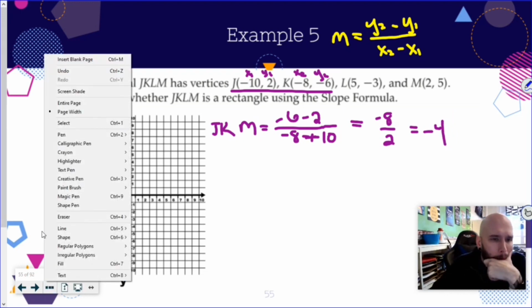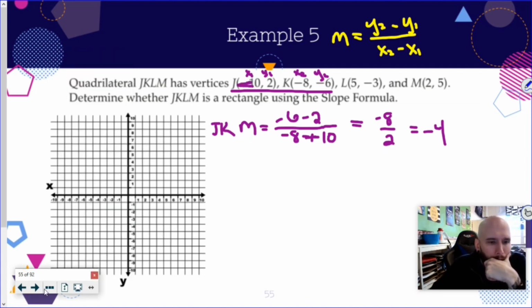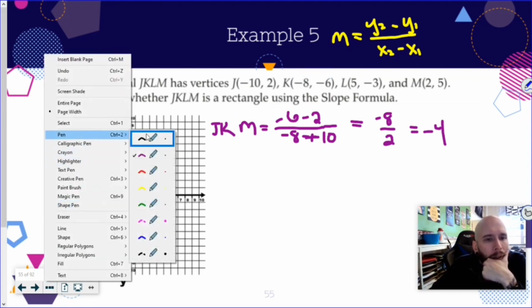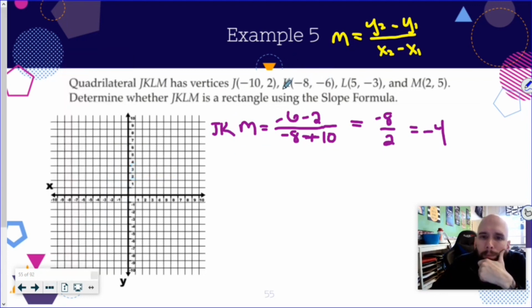So we need KL. So where's my eraser? There you are. Let me erase this guy. I need KL. Do a different color. We'll call you X1, Y1. We'll call you X2, Y2.